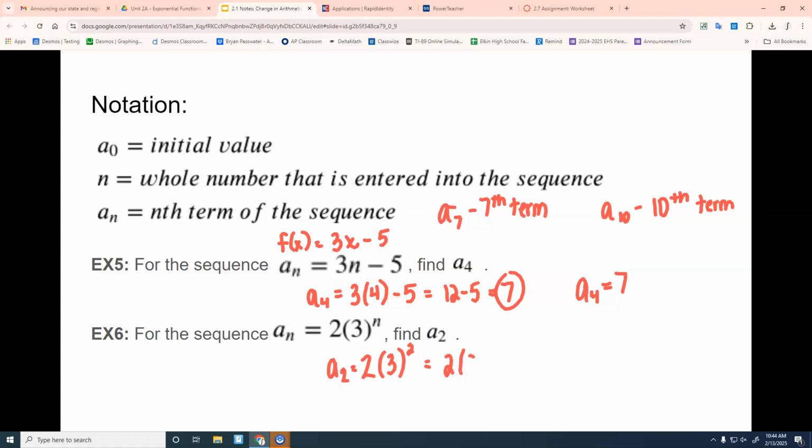So I got 2 times 9, which will give me 18 for that. So when your sequence is defined with just an n right there, it is more or less just like a function. It's just different notation that you haven't seen much before. Okay, questions?